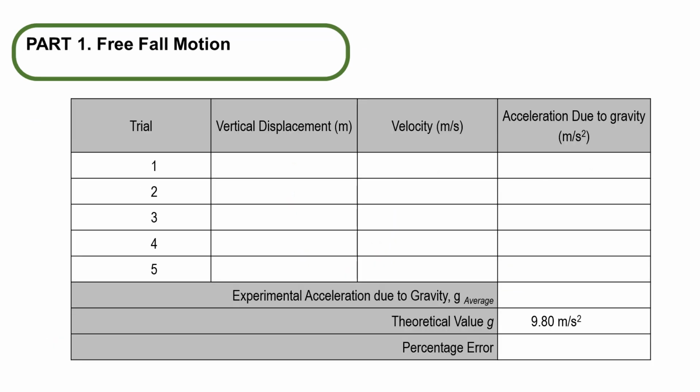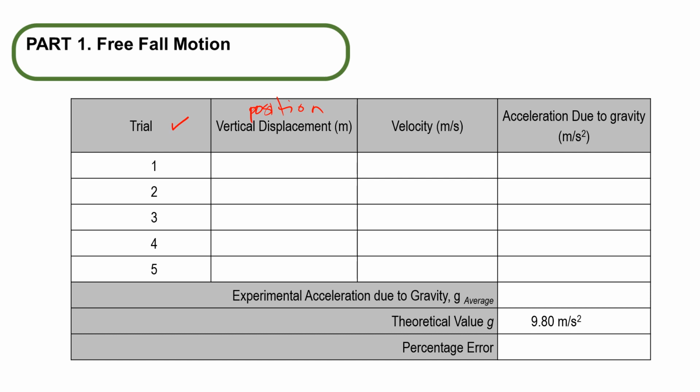So we can see here the table for part 1. The first column is about the trial. The second is for the vertical displacement, which is the position read on the Explorer GLX. Velocity is the third column, and the last column is for the acceleration due to gravity. We're going to have 5 trials, 1, 2, 3, 4, and 5.